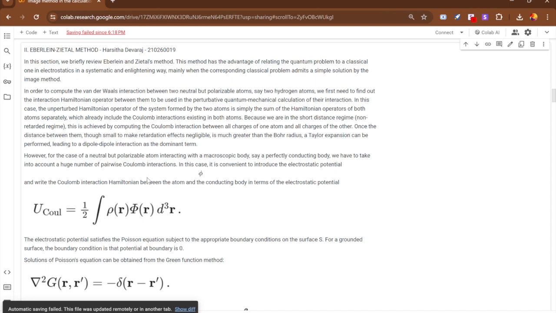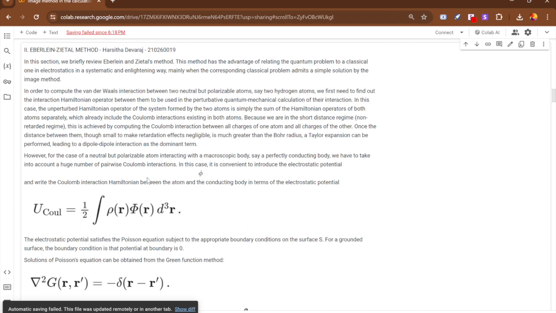But if you were to take the case of a neutral but polarizable atom interacting with a macroscopic body, let's say perfectly conducting, we'll have to take into account a huge number of pairwise Coulomb interactions.